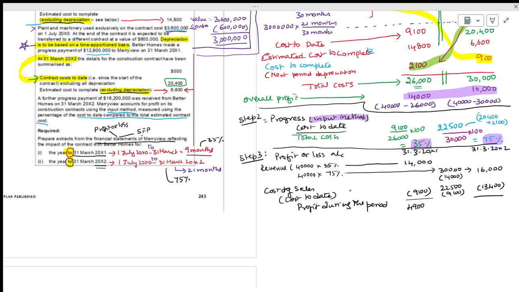Next. 16,000 means 600 will be there. No, 15 minus 2, it is 2,600. Is it right? It is 2,600. You call it profit during the period, or you can put it as gross profit also.